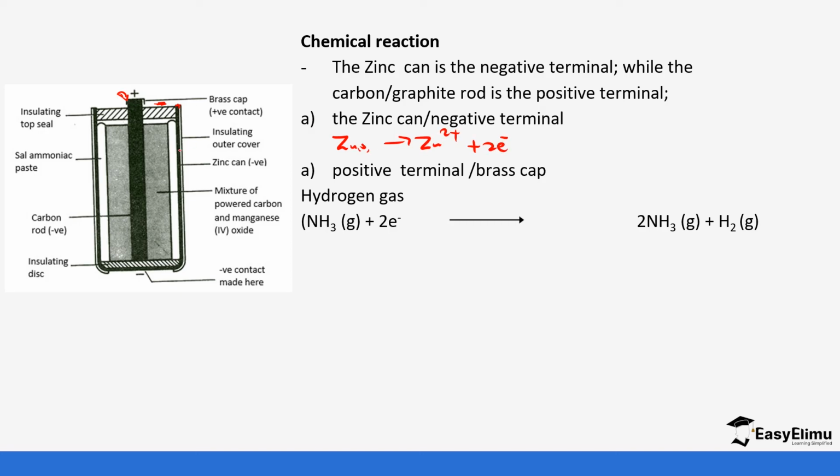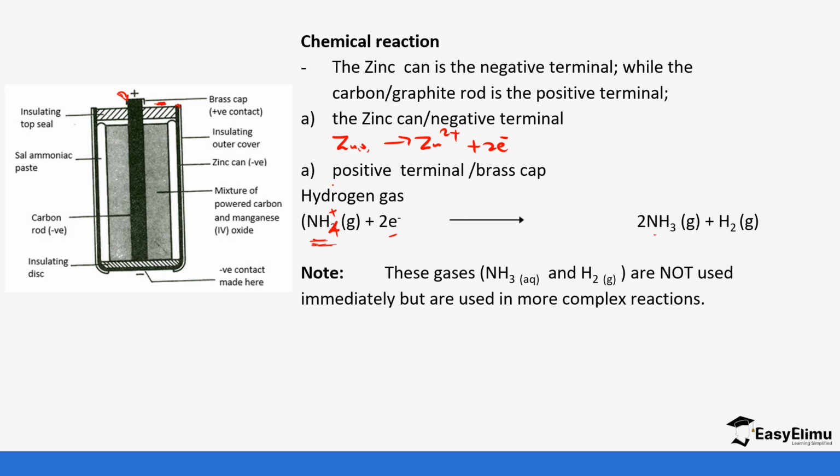These 2 electrons travel to the positive terminal, where the 2 electrons are gained by ammonium ions to produce ammonia and hydrogen gas. So the ammonium ions gain those 2 electrons to form ammonia gas and hydrogen gas.